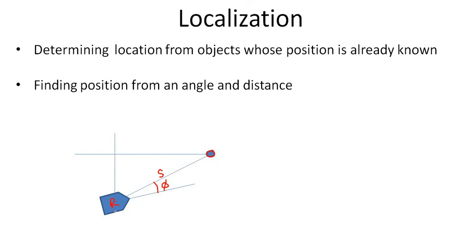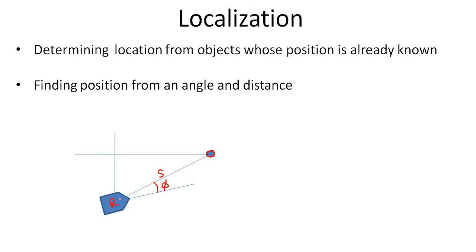And how are they available? The robot has some kind of sensor, let's say a laser scanner. A laser scanner can detect this object and it can also calculate the distance between the robot and the object.